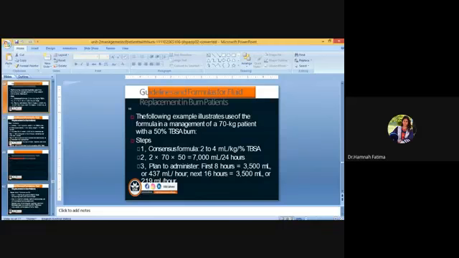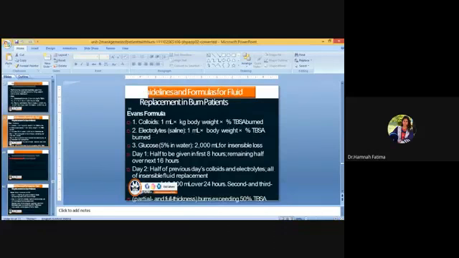So infuse 7,000 ml in the first 8 hours and 7,000 ml in the next 16 hours. Half is to be given in the first 8 hours, remaining half in the next. On day 2, half of the previous day's colloids and electrolytes, plus all of the insensible loss.